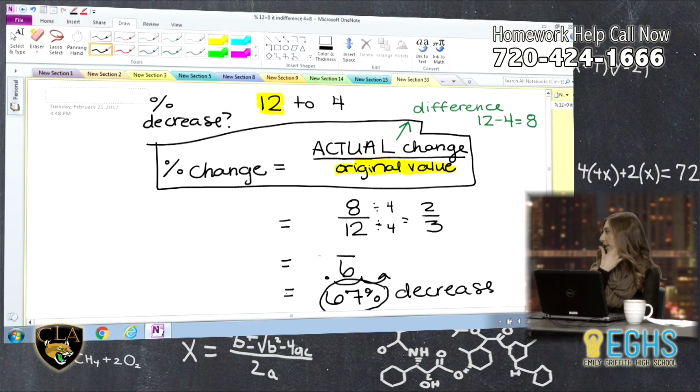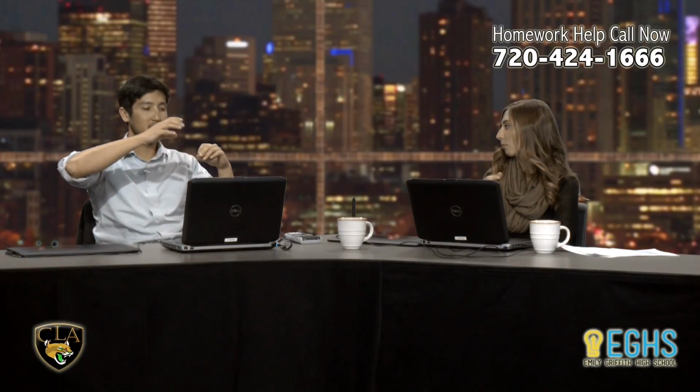I could either say negative 67%, or I could say a 67% decrease. You wouldn't say a negative 67% decrease. I would just say a negative 67% change. Yeah, my students sometimes get hung up on what to put in the denominator.